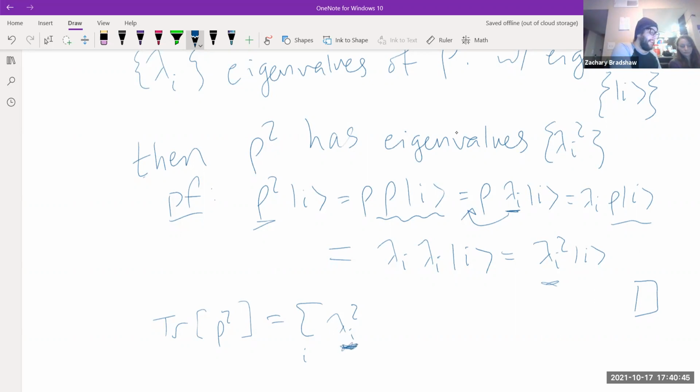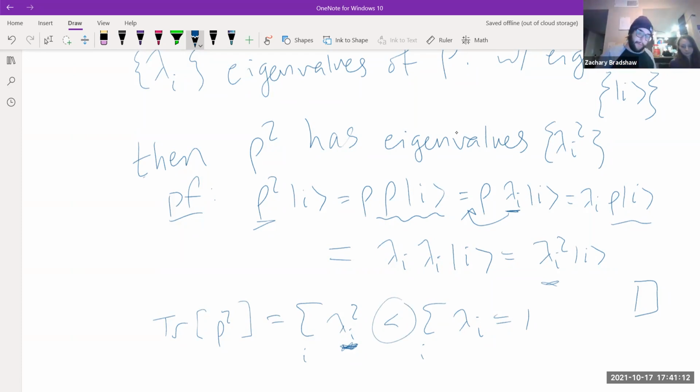So if it's mixed, then these are all less than 1. So that means this is less than the sum over I of lambda I, which is equal to 1. If you take something between 0 and 1 and you square it, it makes it smaller. So that's where this inequality comes from. Okay, so that proves that the trace of rho squared for a mixed state is less than 1.